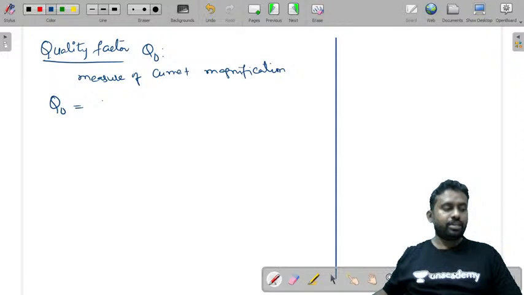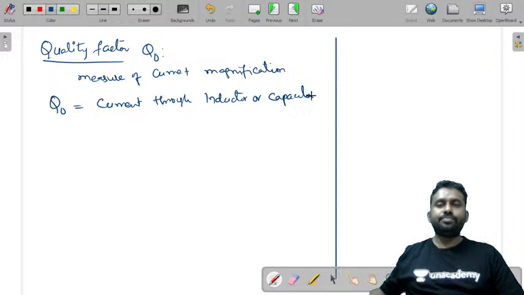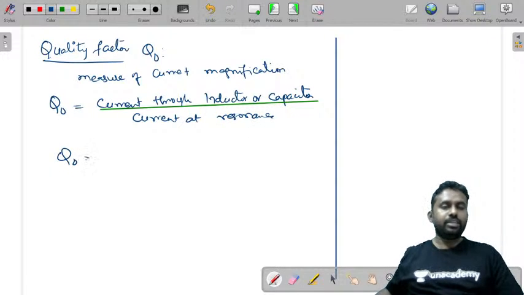So Q naught is equal to current through inductor or capacitor. It is the ratio of current through the inductor or capacitor to the current at resonance. So Q naught is equal to I C naught by I naught, or IR.